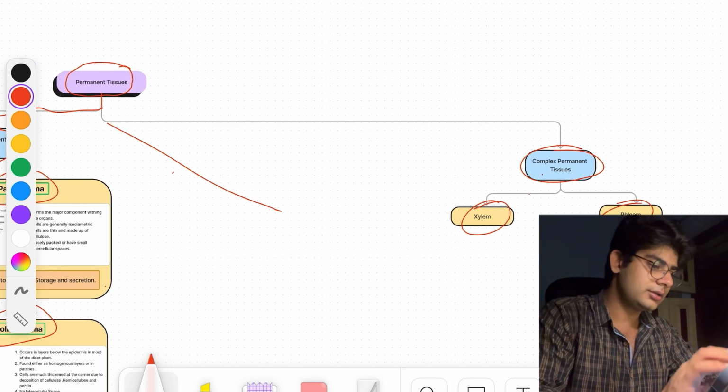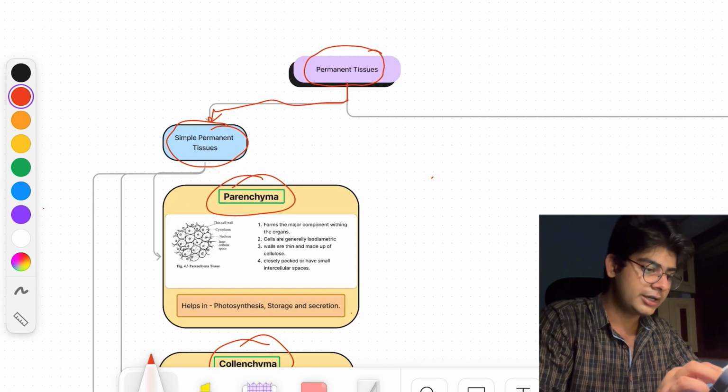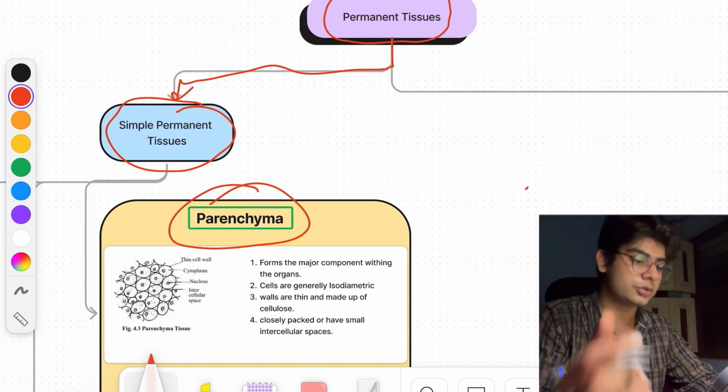Why the first classes of permanent tissues are called simple permanent tissues?